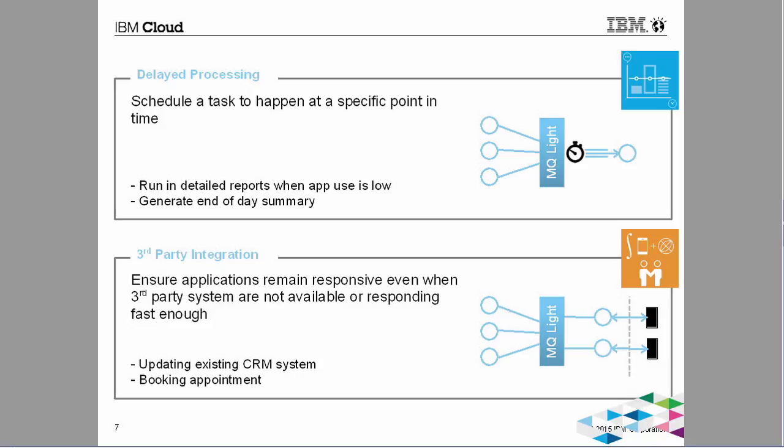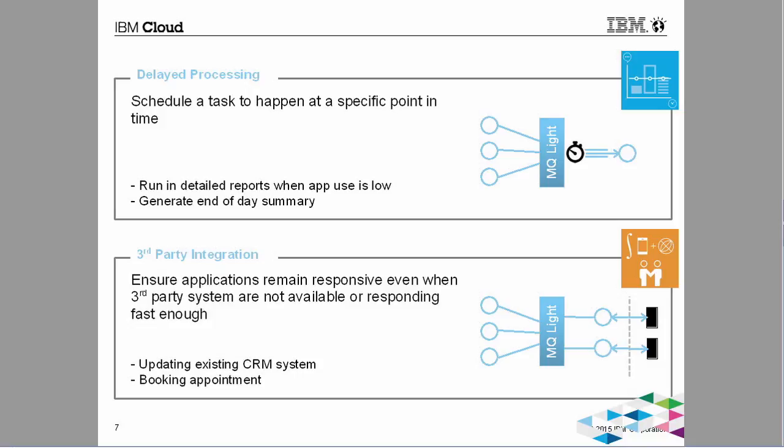So the third one is third-party integration. This is mainly tied to the responsiveness of the app. It ensures that applications remain responsive when the third-party system is not available, and as it's an asynchronous messaging model, the processing happens later, once the system comes back up.